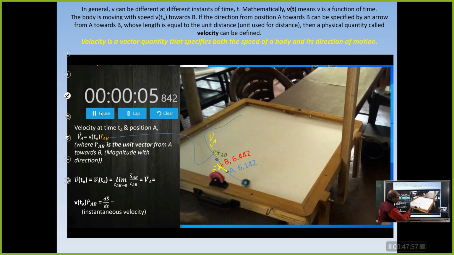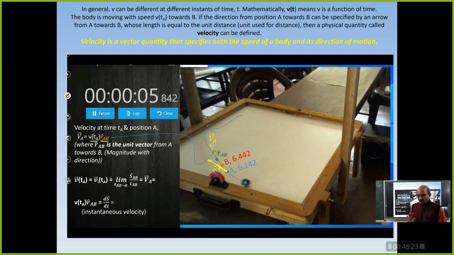So I would have defined a unit vector in this direction. But the speed is same. So I would have re-specified that quantity as R cap AC. So that gives you the information that the body is moving from A towards C. This gives you information that the body is moving from A towards B.